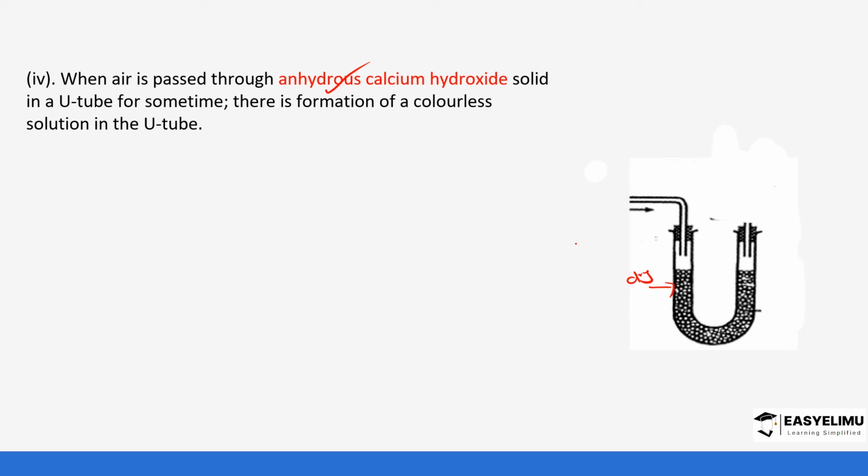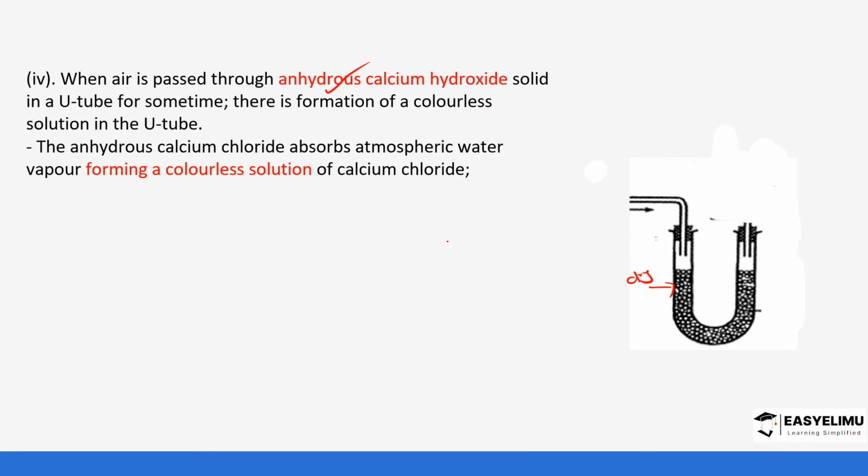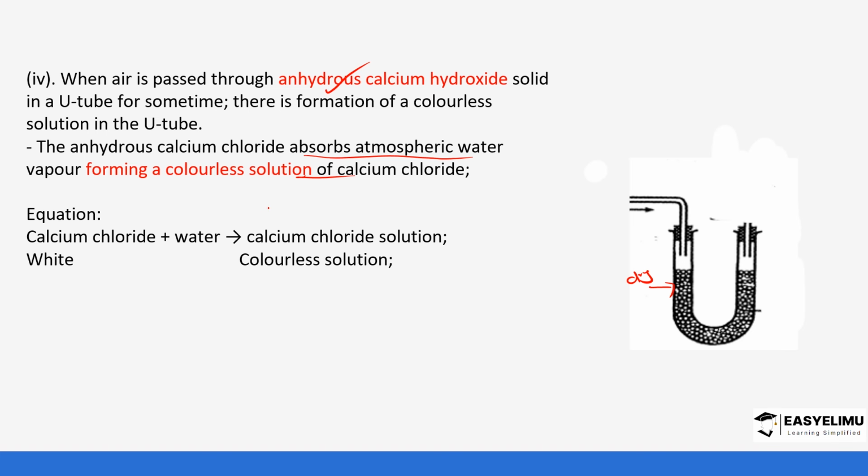If you pass some gas through a U-tube containing anhydrous calcium chloride, it forms a colorless solution, because the anhydrous calcium chloride absorbs water in the gases. So this is the equation: the anhydrous calcium chloride reacts with water to form calcium chloride solution, which is usually colorless.